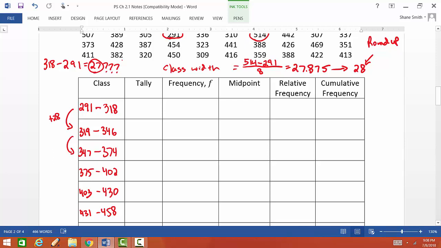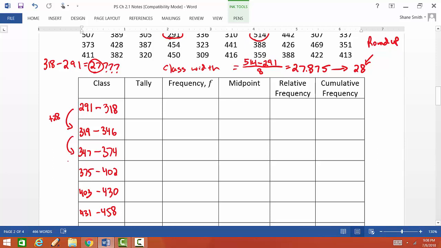Where's the 28th number? Well, the 28th number is the 291. You have to include the 291, and we subtracted it away. So keep that in mind.